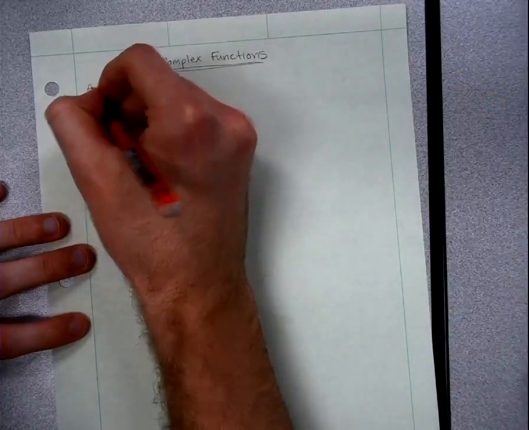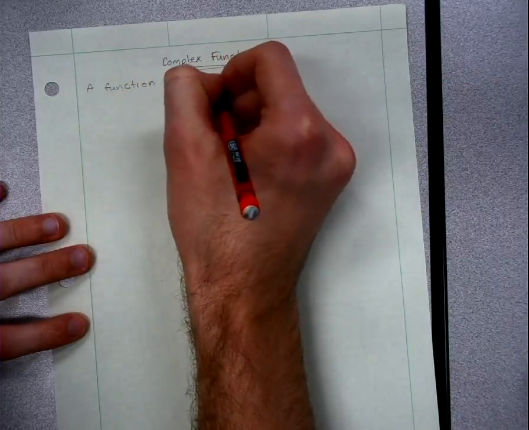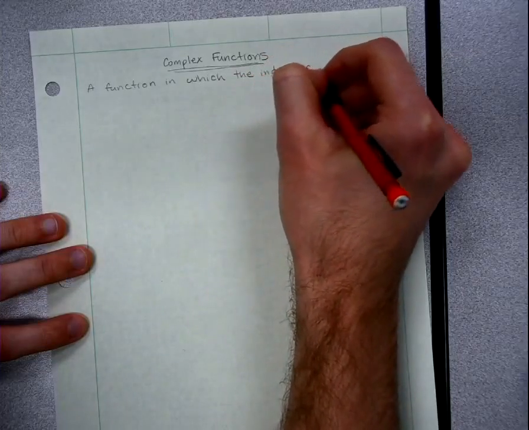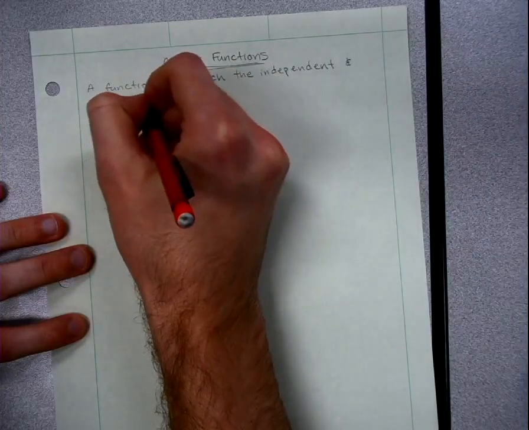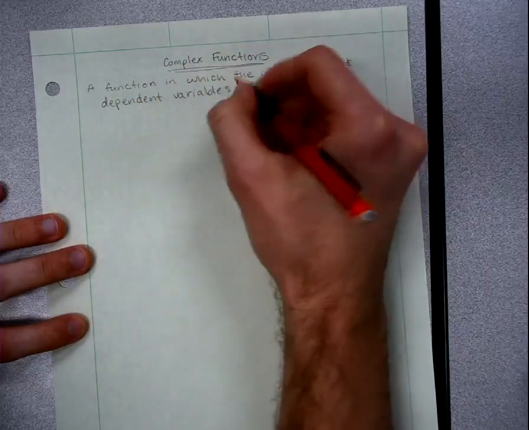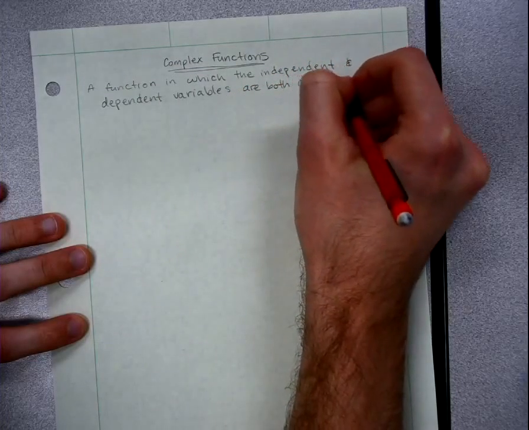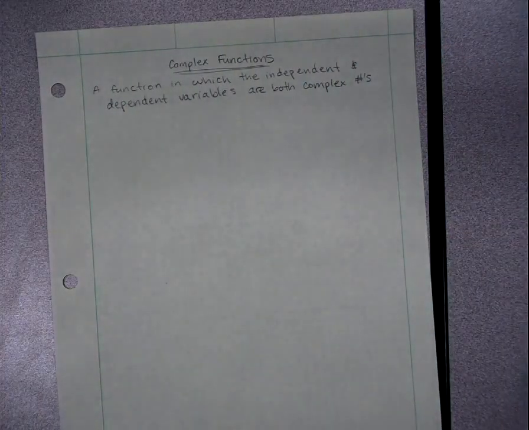A complex function is a function in which the independent and dependent variables are both complex numbers, for which the domain and range are subsets of the complex plane.